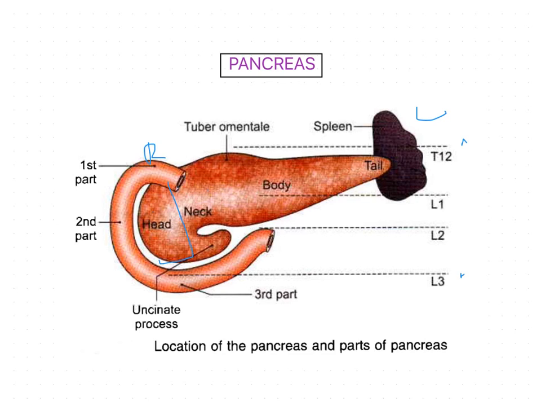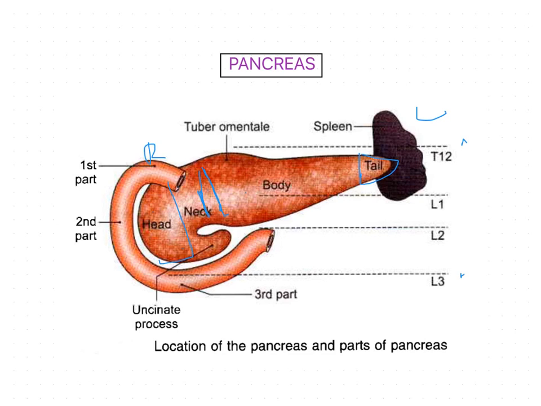Next to the head, a constriction is present, that is the neck, which connects the head with the body, which forms the main part of the gland. At the left end, the body ends in a tail. These are the subdivisions: head, neck, body and tail. And the length is about 14 centimeters.